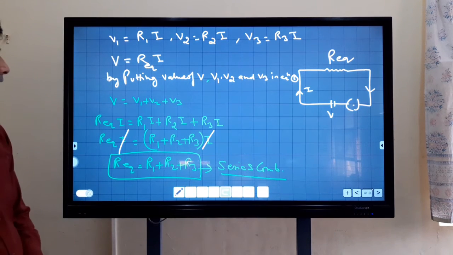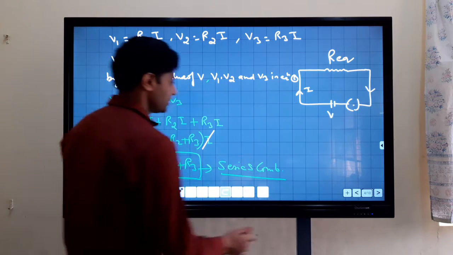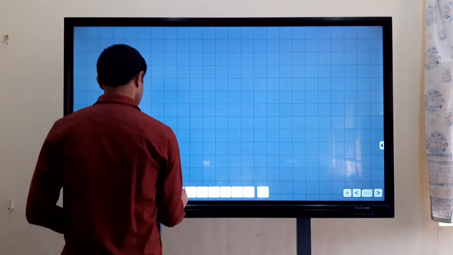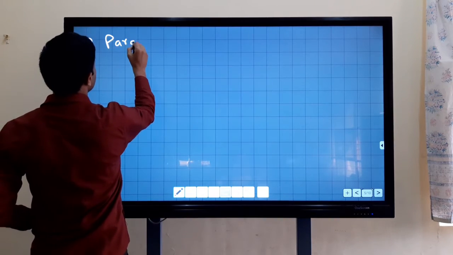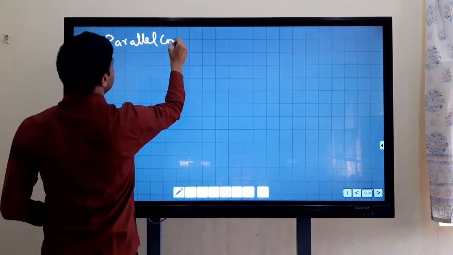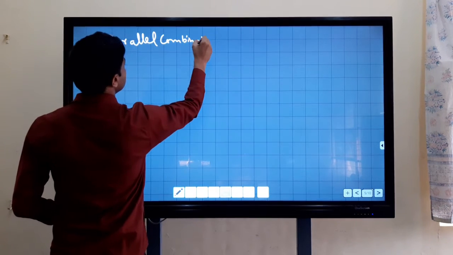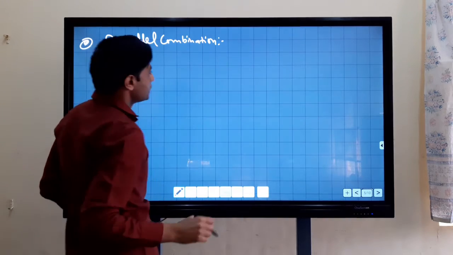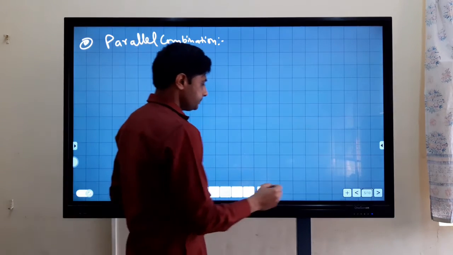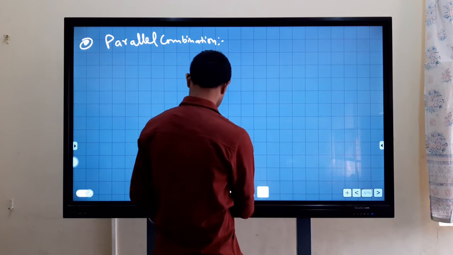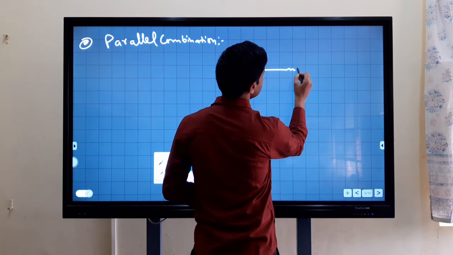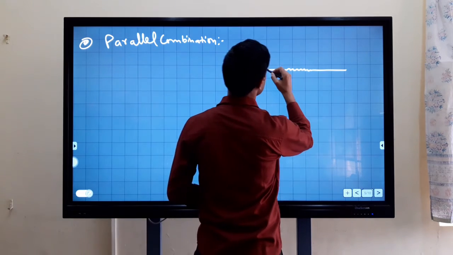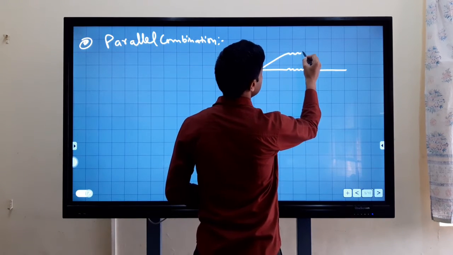Now we have to find the value of equivalent resistance for parallel combination. In parallel combination, let three resistors of resistance R1, R2, R3 be connected like this.